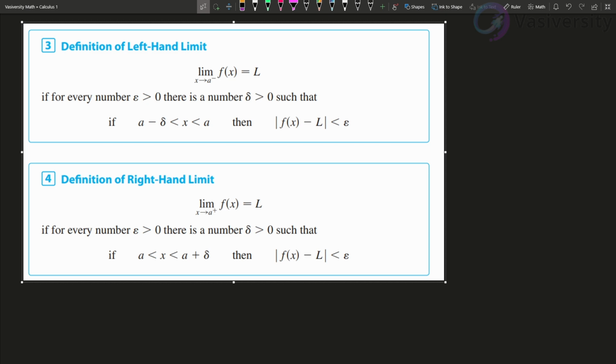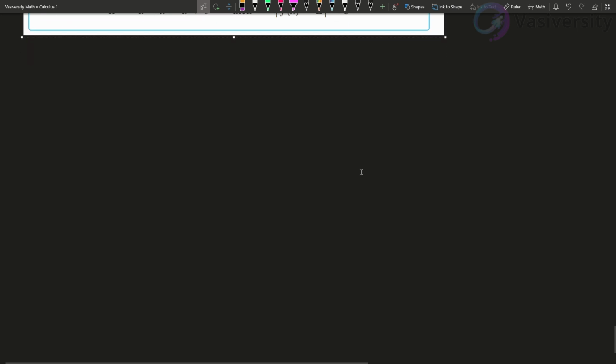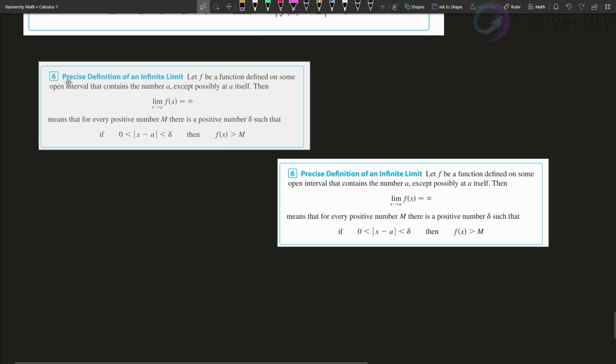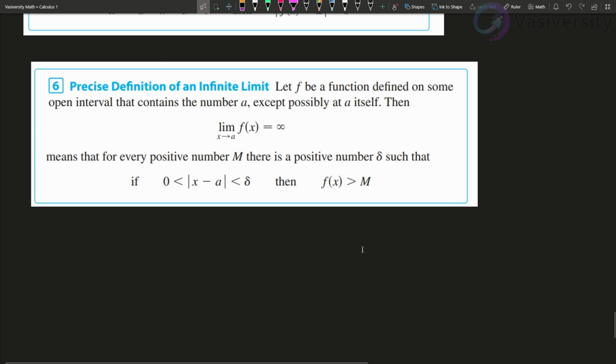Now let's go ahead and define the infinite limits. We talked about them last time, but we haven't yet given a precise definition; we only have an intuitive one. The precise definition of an infinite limit: let f be a function defined on some open interval that contains the number a, except possibly at a itself.